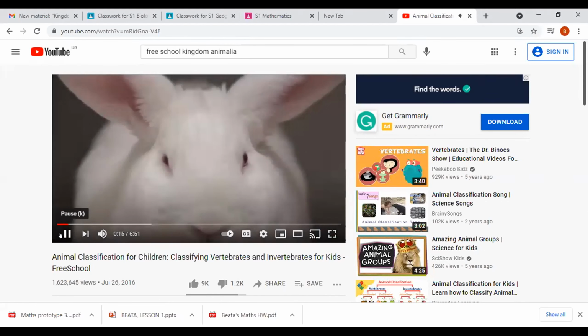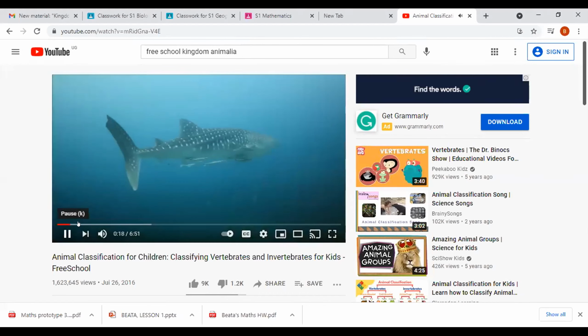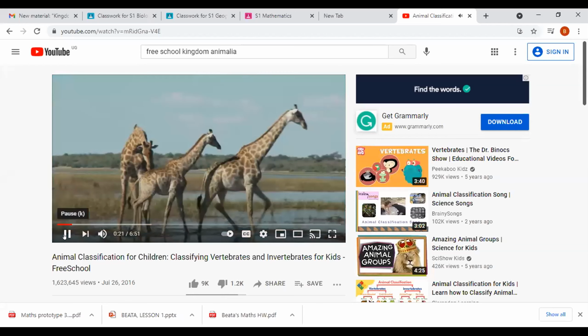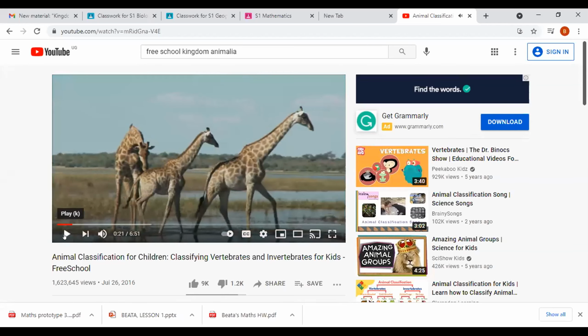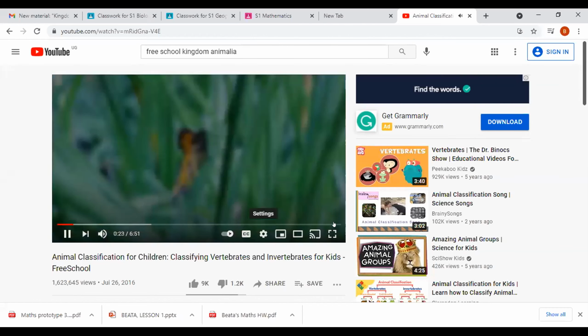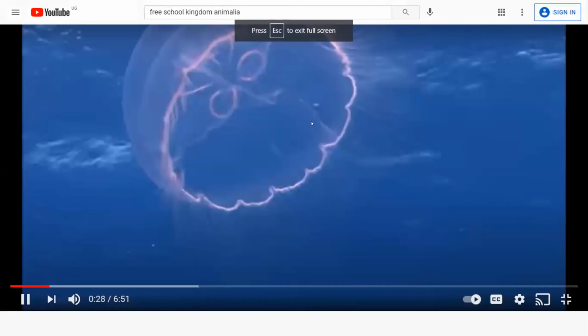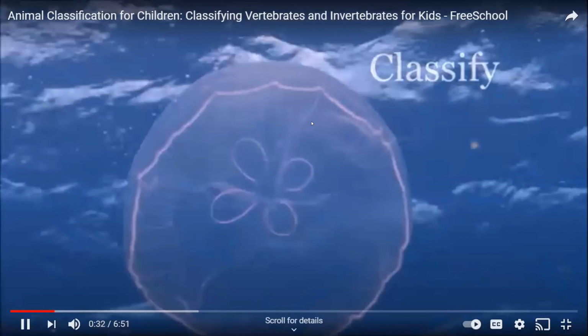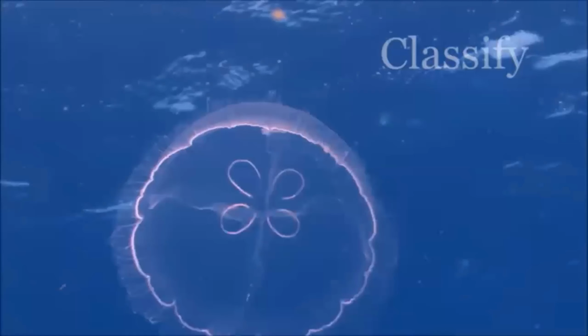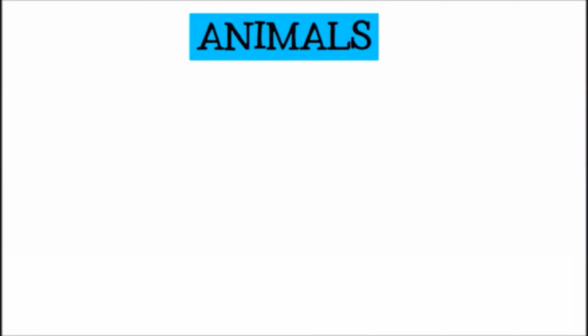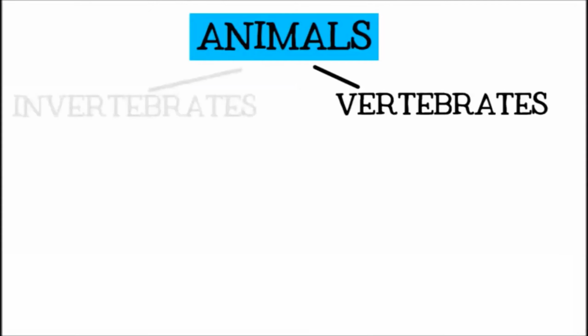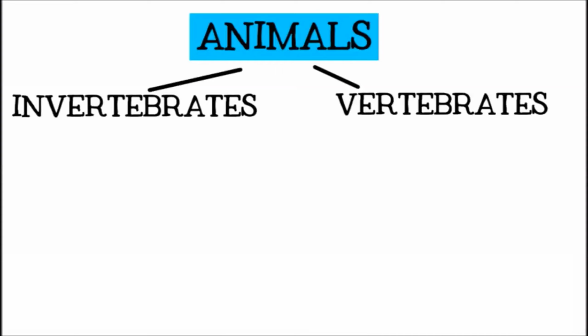Some fly. Some breathe air, and some breathe underwater. Some have skeletons, and others don't. To help us understand the differences between the animals in our world, scientists classify or sort animals into different groups that share important characteristics. The two largest groups of animals are vertebrates and invertebrates. Vertebrates are animals that have spines or backbones.